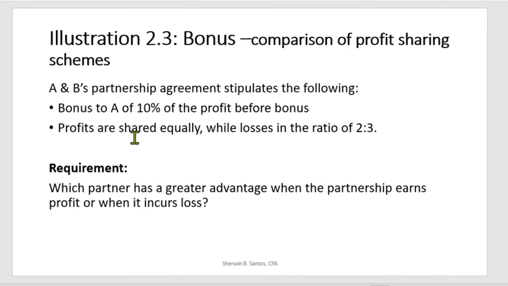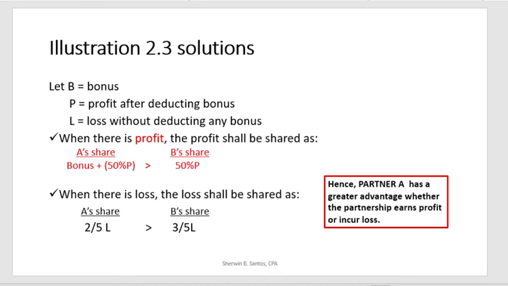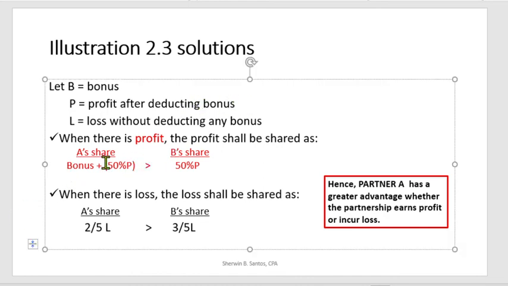Kapag profit, equally kasi ang distribution. So, papaano ang pag equal ang distribution o the 50% ng P, 50% ng P, yung P na yan ay after the bonus na. So, may bonus pa ito. So, sino ang mas malaki ang mag-generate na share kapag profit ang result ng partnership operations, edi si A dahil 50% plus P na siya, may bonus pa siya.